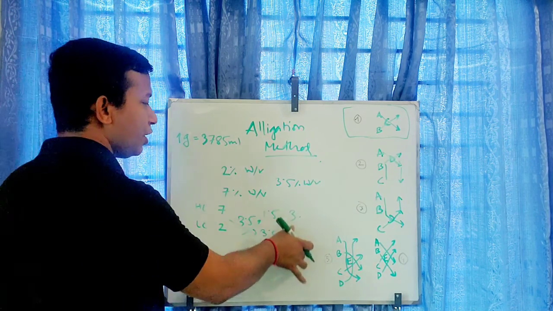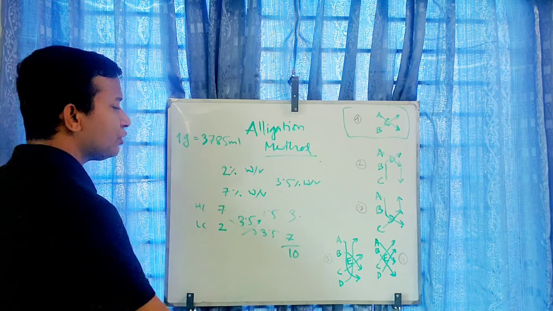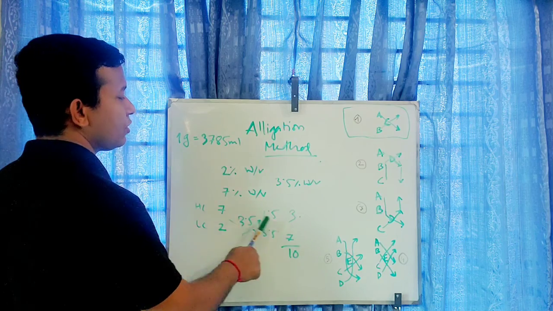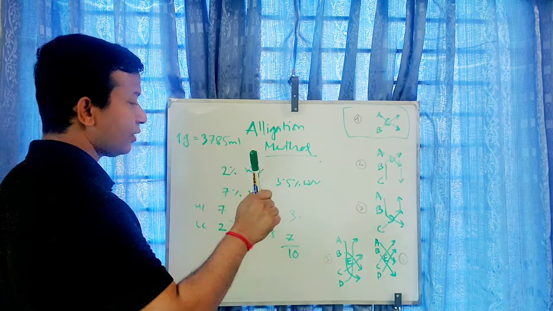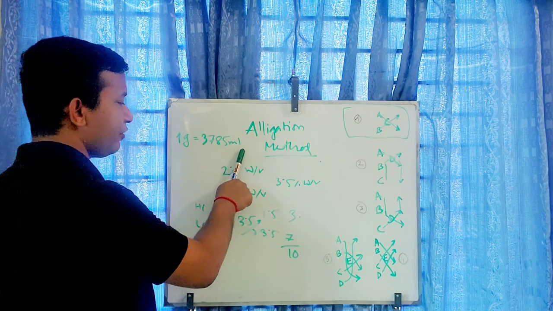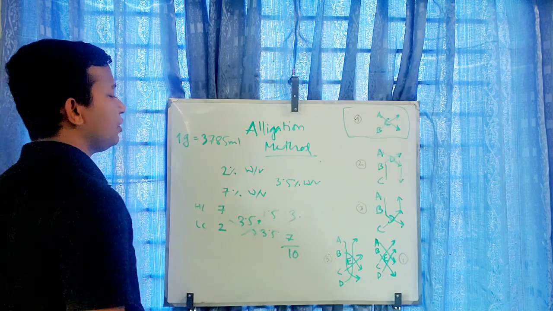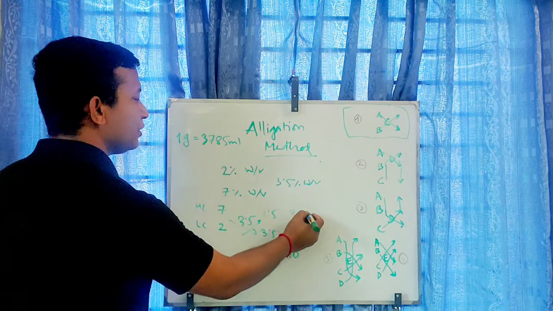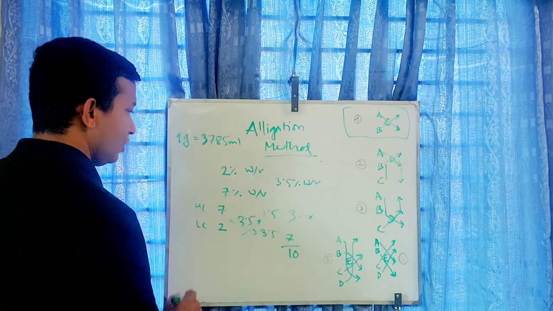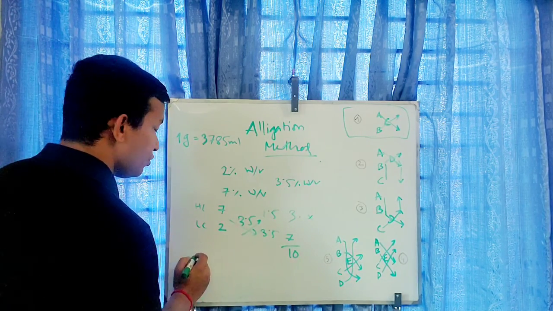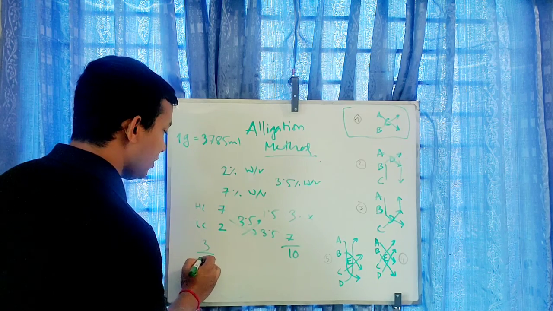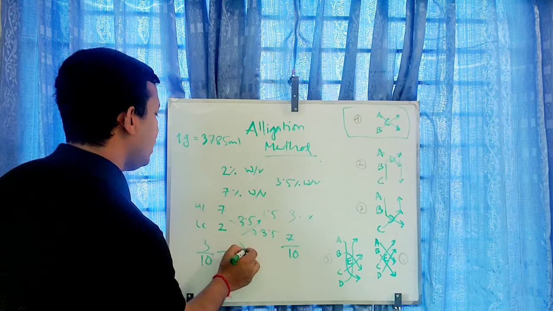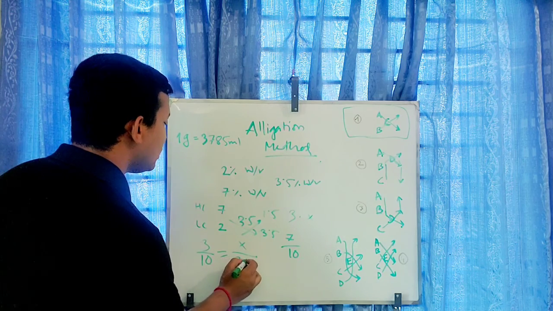We know the ratio: when the final solution volume is 10, the 7% solution is 3. They are asking when the final solution is 3785, what should this one be? We don't know the amount of this one, so let's do a ratio: 3/10 equals x/3785.